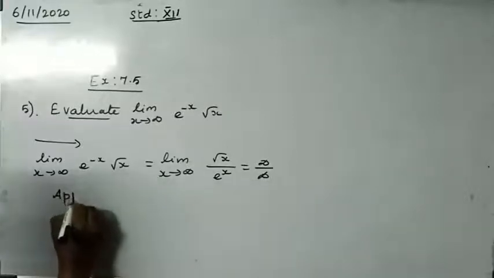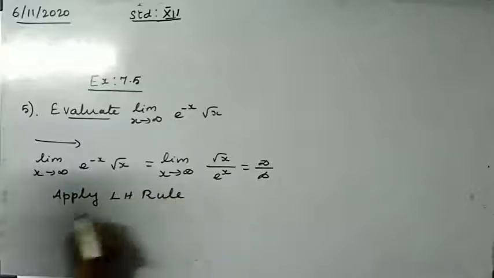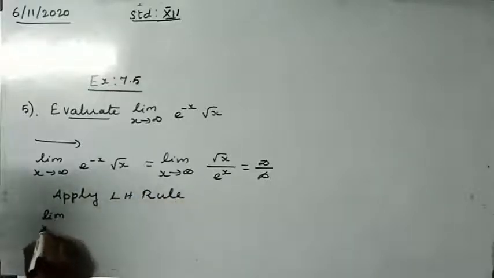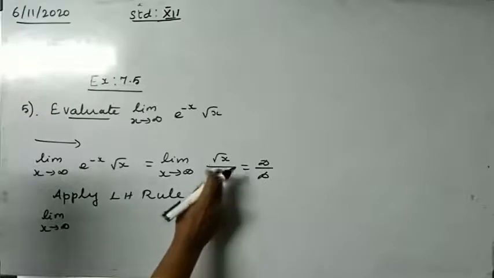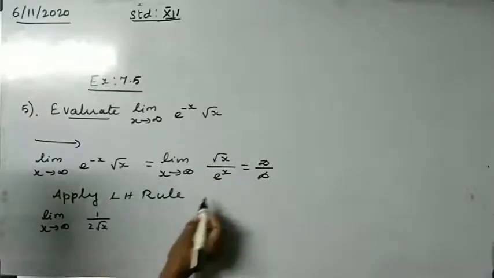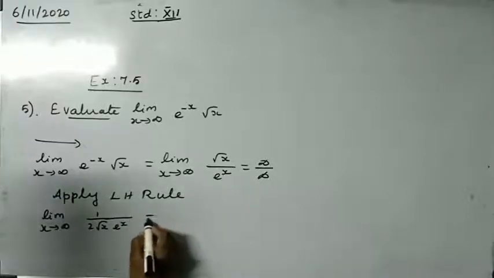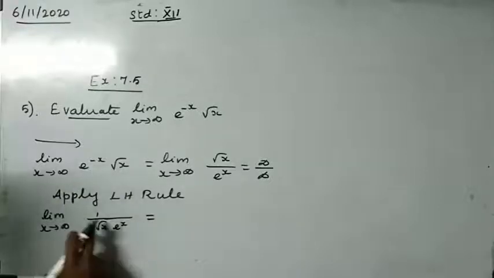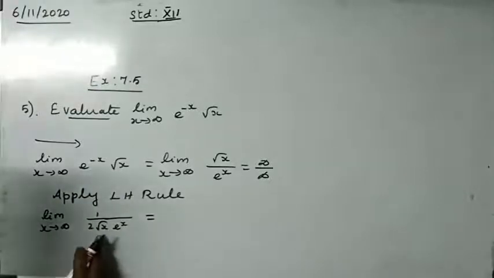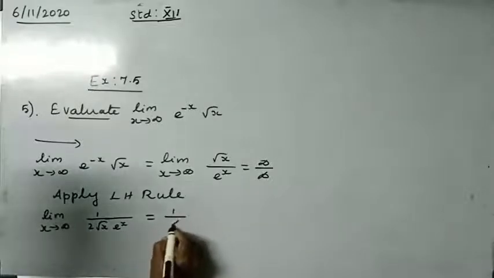So apply L'Hopital rule. Limit x tends to infinity, root x differentiate panna 1 by 2 root x divide by e power x differentiate panna e power x. So which is equal to, now if I apply this limit x tends to infinity, so infinity into infinity is infinity, so 1 by infinity.